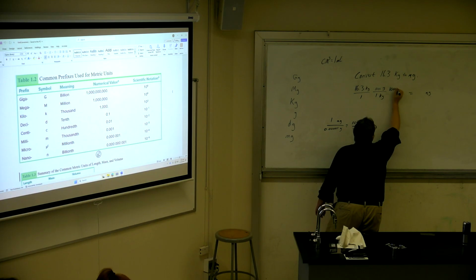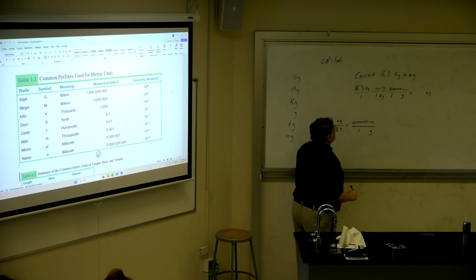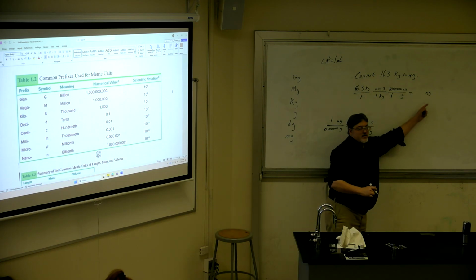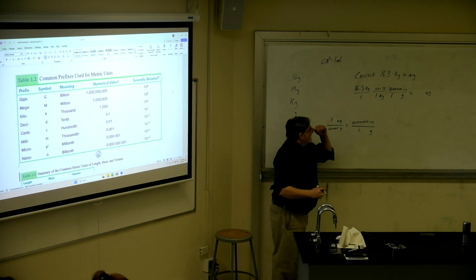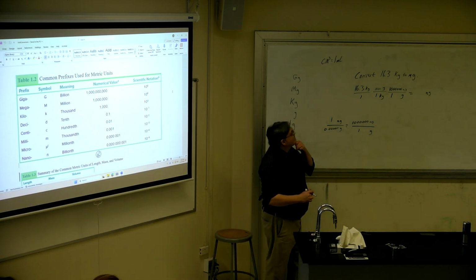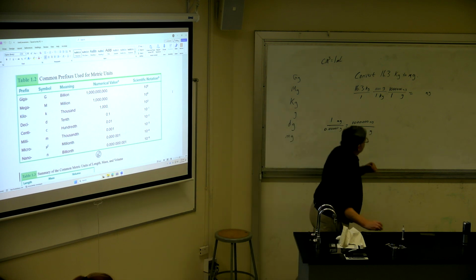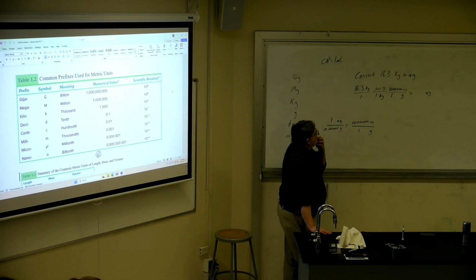Let me write bigger. That many micrograms. So now the kilograms cancel, the grams cancel, and we end up in micrograms. I should probably start talking about scientific notation.